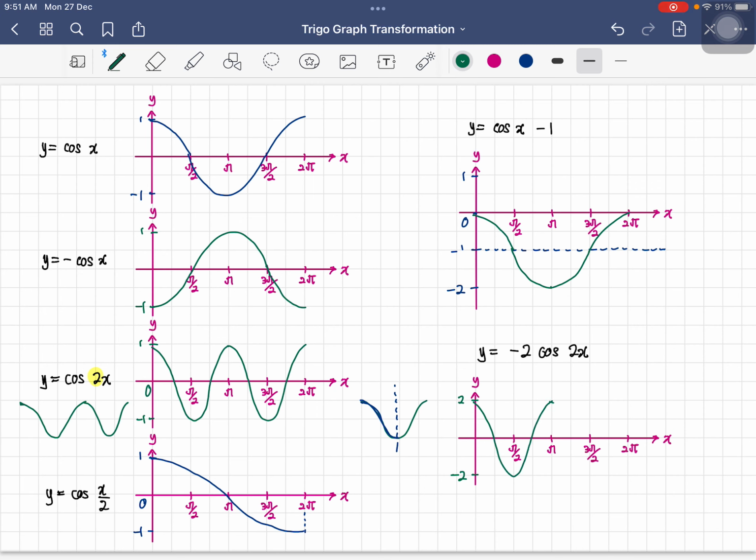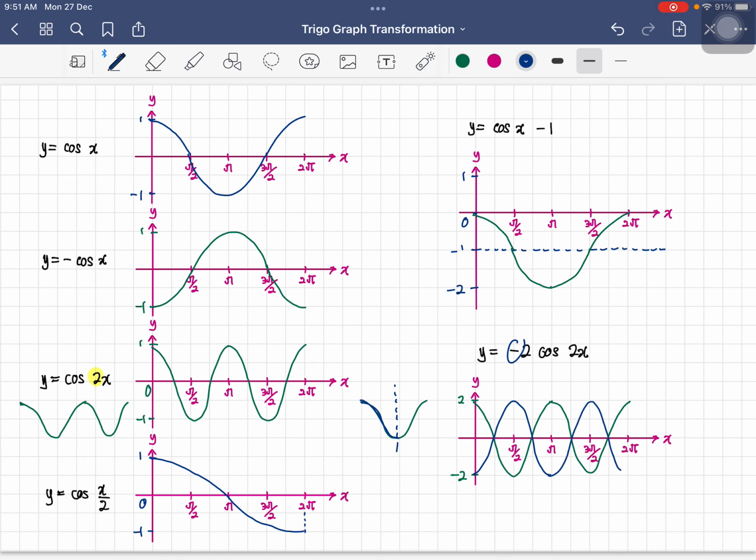This is 1 complete cycle, and this is the second complete cycle. But since you want it as a negative, you have to mirror it about the x-axis. It will be reflected about the x-axis, something like this.